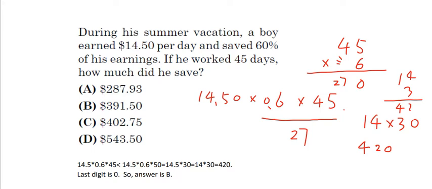Okay, now this one is close. So the answer is B or C, not this one. Which one is the answer? We can check the last digit should be 0, not 75 cents. So we choose B.